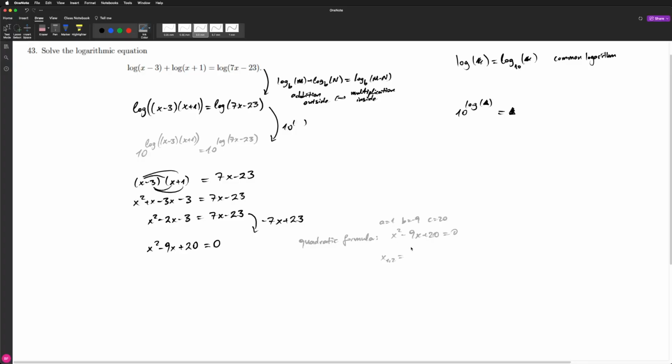The solutions, the zeros of this function on the left, are minus b plus or minus the square root of b squared minus 4ac, divided by 2a.